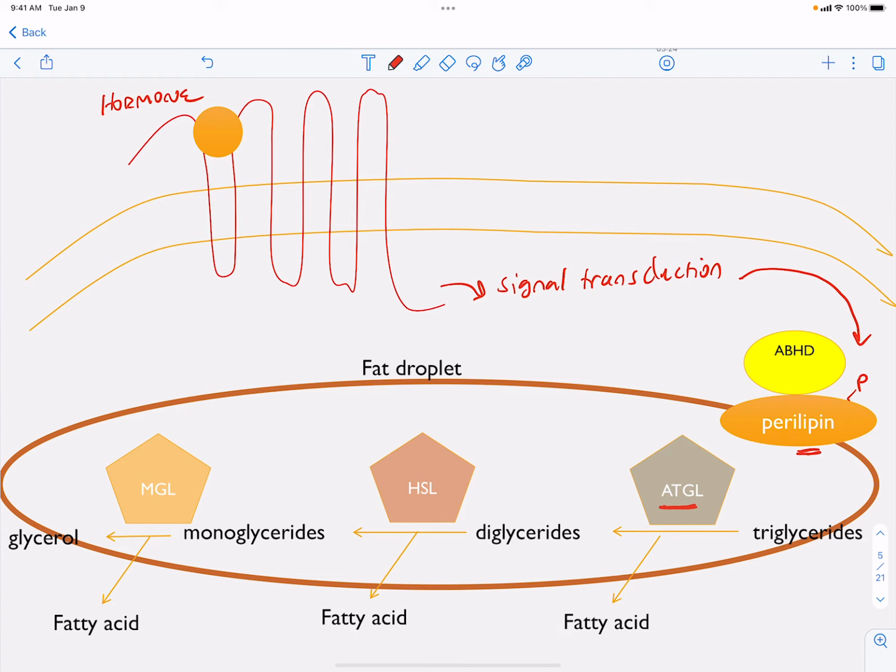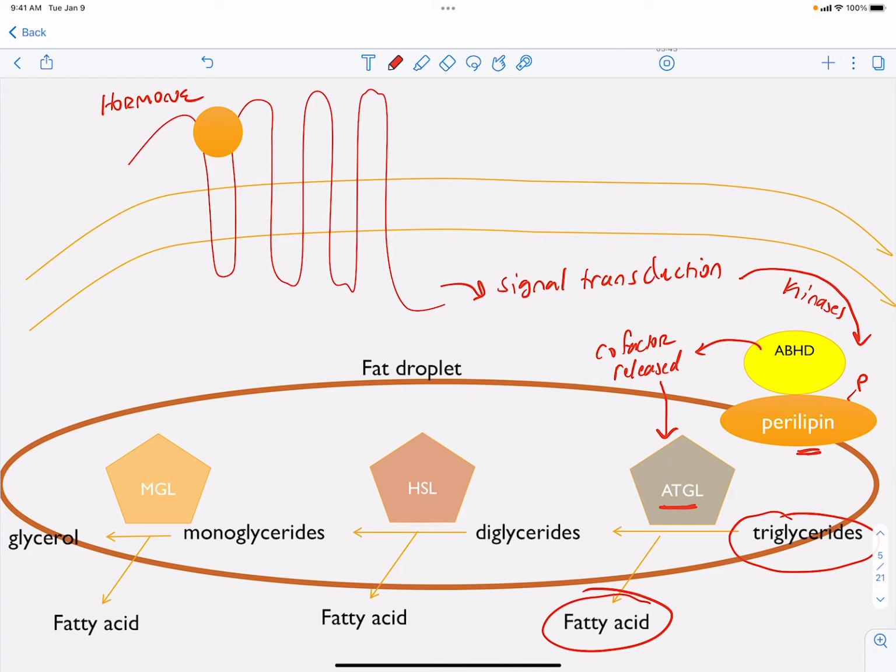So you get your kinases, and then your cofactor is released. The cofactor can help that first enzyme take off 1 fatty acid from your TAG, and now you end up with a diglyceride.